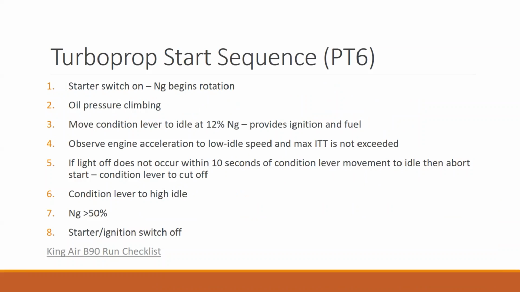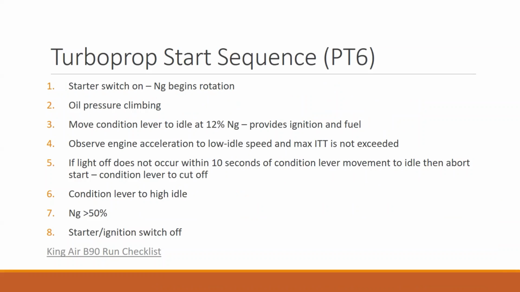So when we're running these, the first thing we do is we turn on our starter first. We get the engine rotating, and you'll get rotation. Now here's an interesting thing. You'll see this on newer aircraft. They'll say oil pressure climbing. Usually you can get oil pressure before you fully start the engine. However, on some older turboprops, like the one we have, you cannot run the oil pressure gauges.